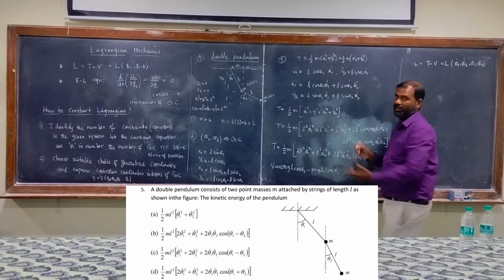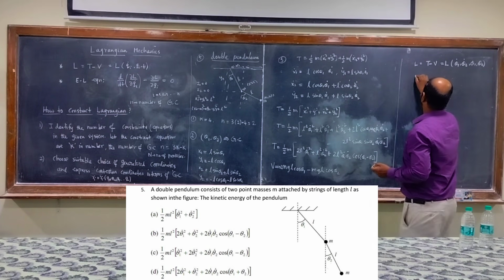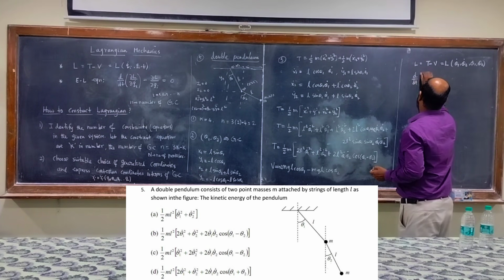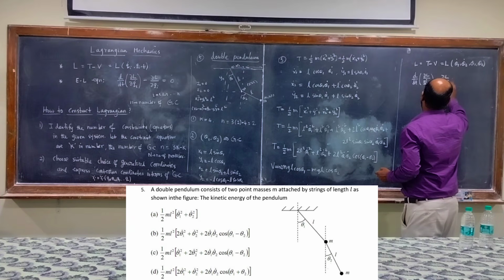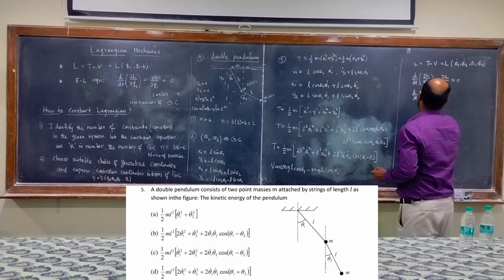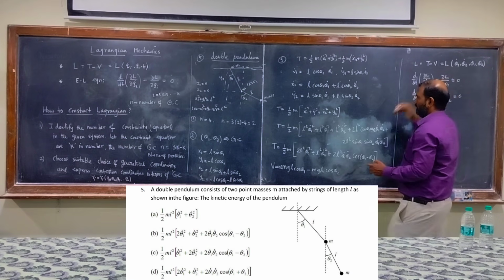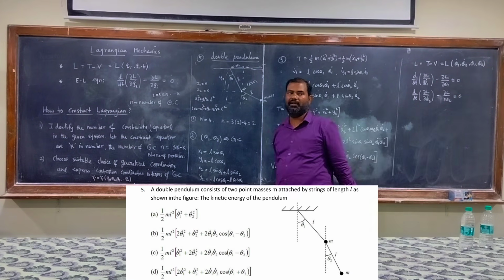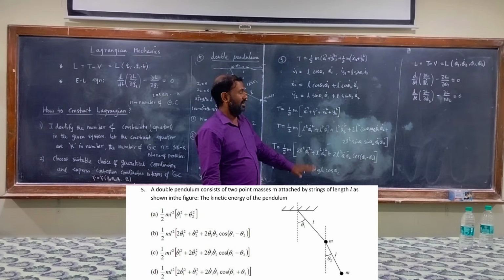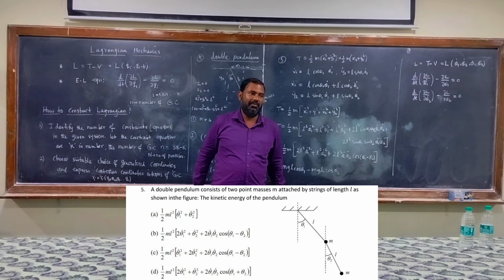Now, two generalized coordinates we have: d by dt of dou L by dou theta 1 dot, and d by dt of dou L by dou theta 2 dot. So this is a way to construct the Lagrangian for the double pendulum.